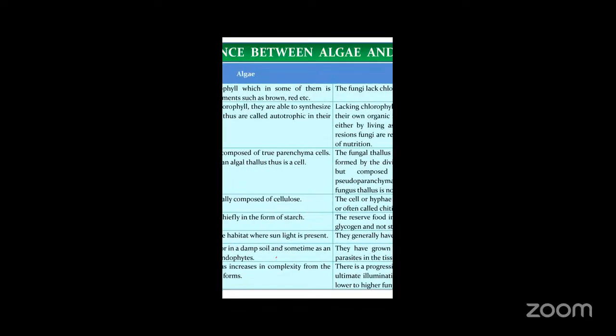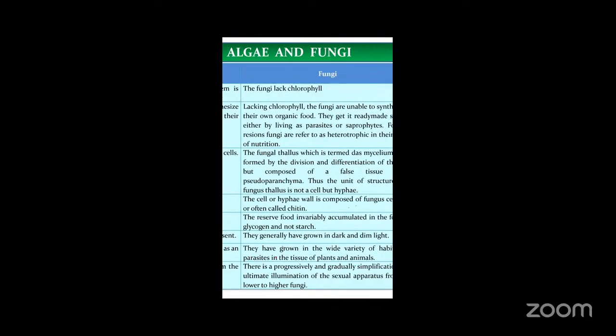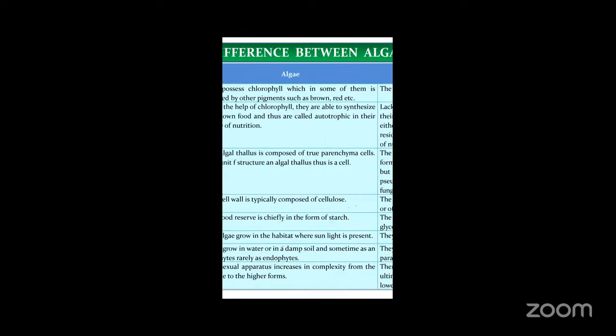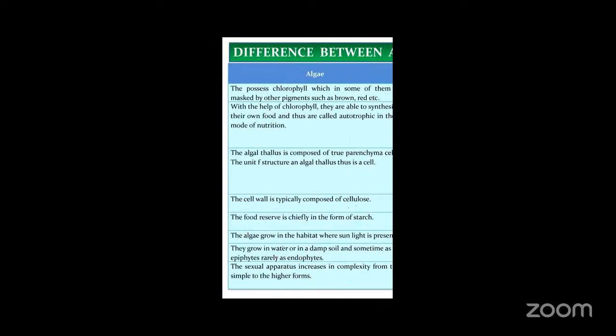Lacking chlorophyll, fungi are unable to synthesize their own organic food material. They get it ready-made, either by living as a parasite or saprophyte. For this reason, fungi are referred to as heterotrophic based on their nutrition, and that's why we call them heterotrophs.